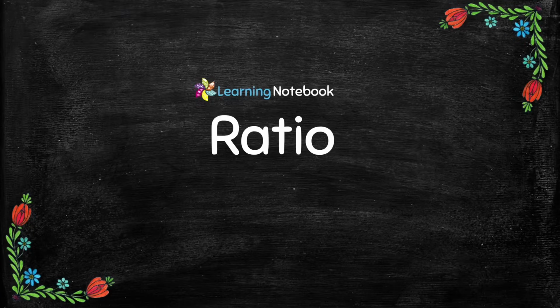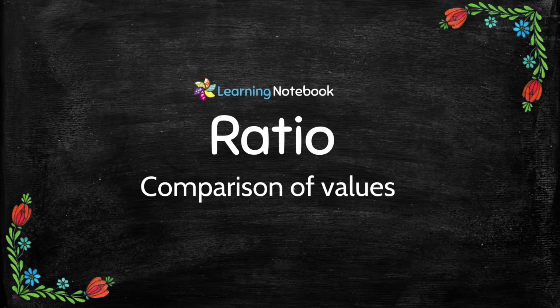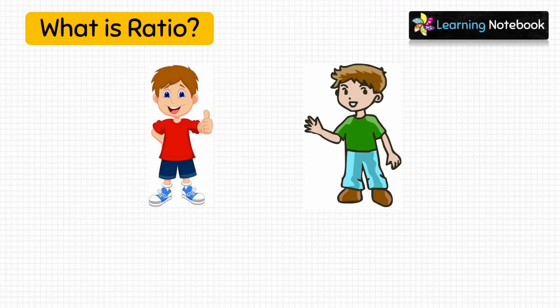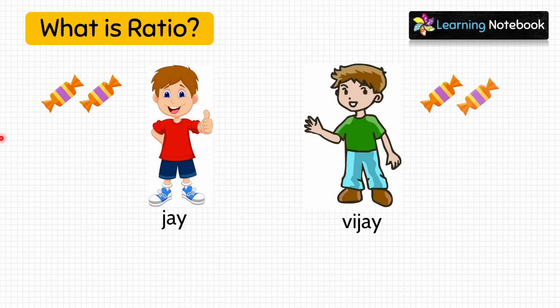So first, let's understand ratio, which is comparison of values. To understand ratio, we need to understand a simple story. These two boys, Jay and Vijay, used to receive chocolates from their mother. But mother always used to give 2 chocolates to Jay and 3 chocolates to Vijay.